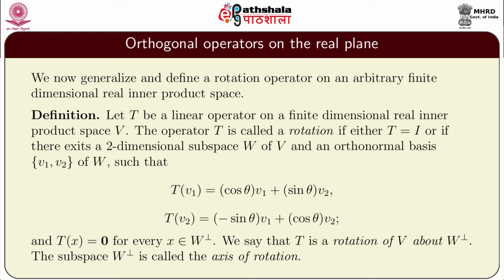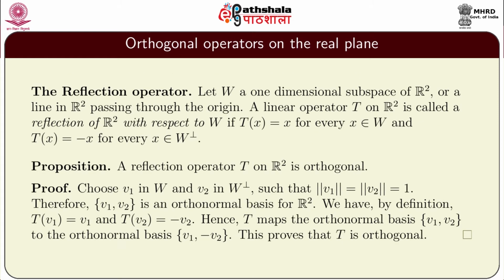You can see that this is indeed an imitation of the usual rotation operator on R2, and it indeed generalizes, because if we see V is equal to R2, then this definition leads to the usual rotation operator T theta. Now, the reflection operator.